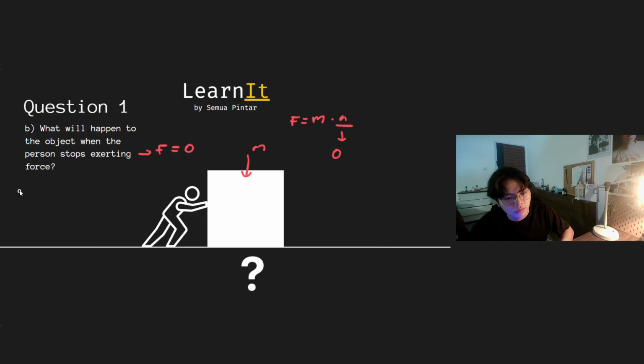So what will happen to the object when the person stops exerting force? Well, there are a few interpretations, but one, you can say that the velocity is constant, and two, you can say that velocity is 0, or the object stops moving, basically.